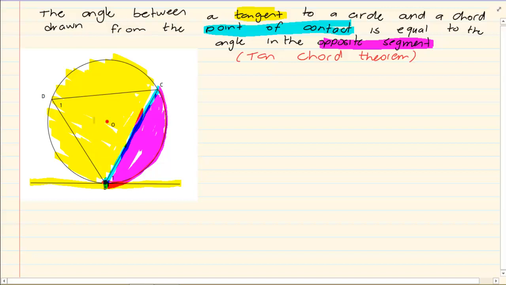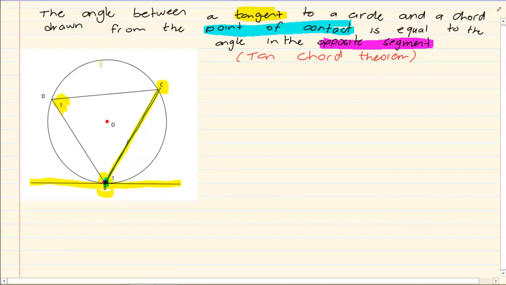But the entire thing is not creating an angle. What is creating an angle that is also running from BC? BC is this line, and it's creating an angle in the opposite segment. If you take the point B and you take point C, it is creating an angle in the opposite segment. Look, that's the angle it's creating.